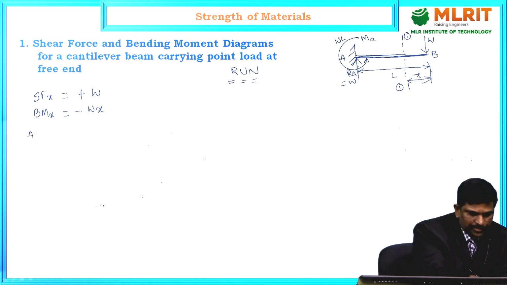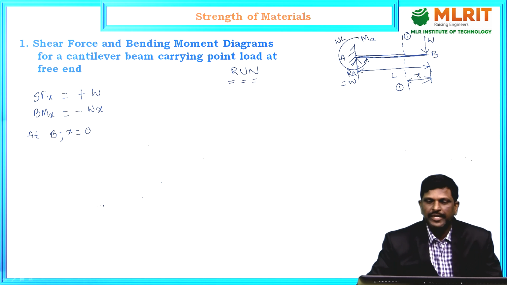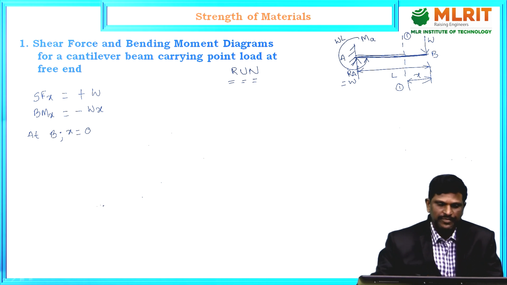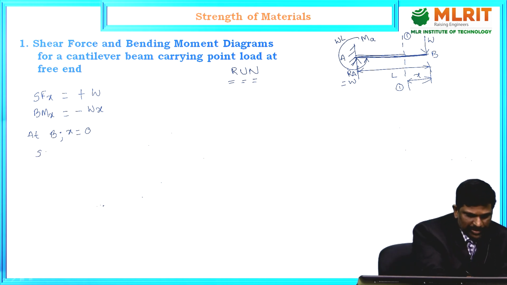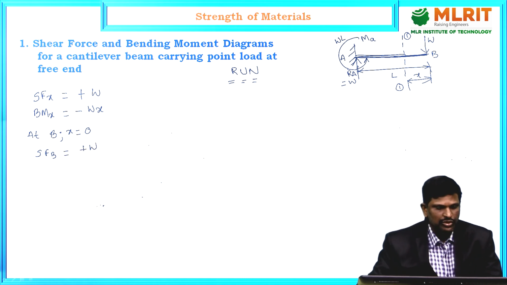At B, X is equal to 0. That means, to find the shear force and bending moment at B, substitute X equal to 0 in the shear force and bending moment equations. Shear force at B is given by plus W, because the shear force does not depend upon the distance.